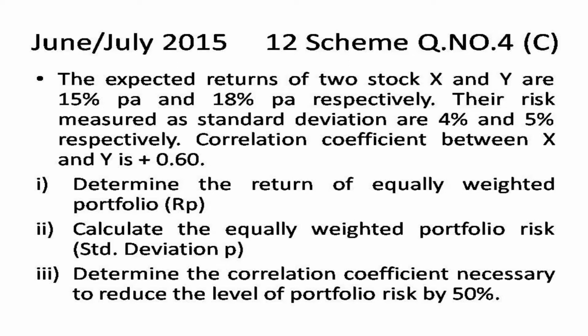Correlation coefficient between X and Y is plus 0.60. They have given the value of standard deviation of 4% and 5% for stock X and Y, and also they have given the return of 15% and 18% for stock X and Y respectively, and the R value is plus 0.60.